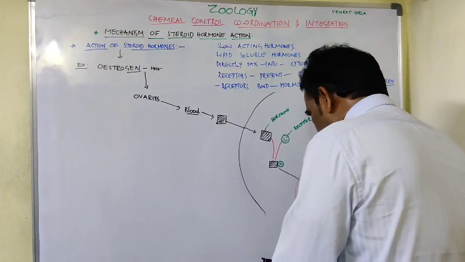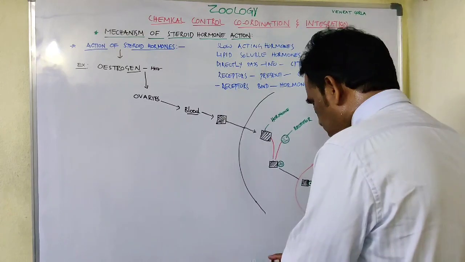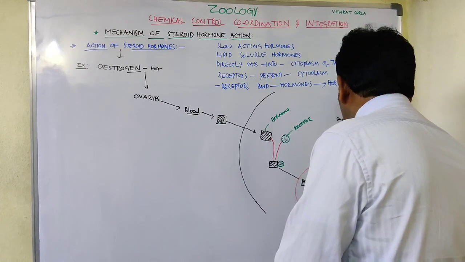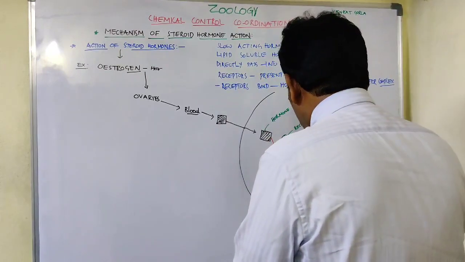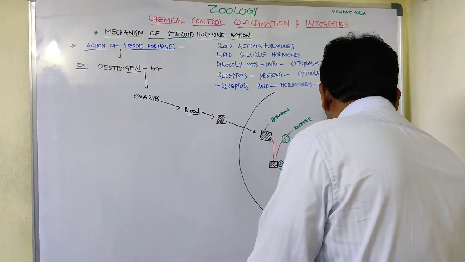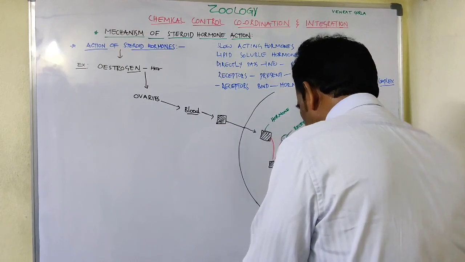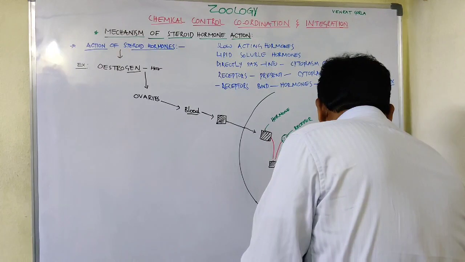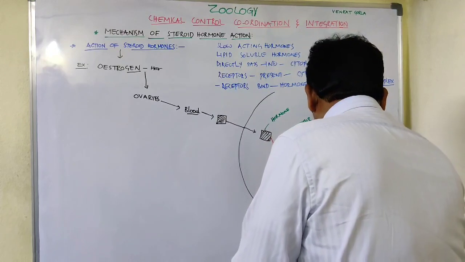As a result, it undergoes transcription. Transcription leads to the formation of mRNA. Now this mRNA moves out of the nucleus and forms a newly synthesized protein in the ribosome.